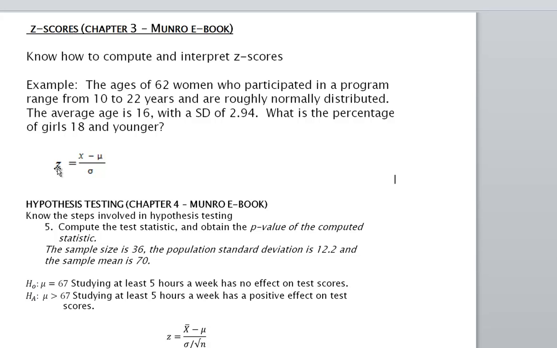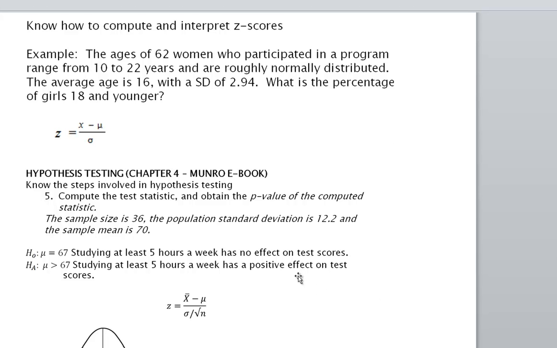So here you have the z-score equals, and then x is the data point, just one particular value, so it's not like a mean where it's an average. Then you're subtracting mu, which is the population mean, and dividing the quantity of that by the population standard deviation.